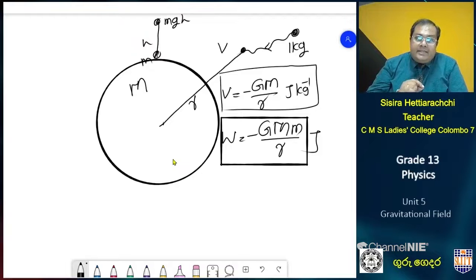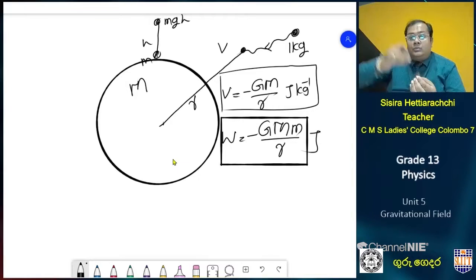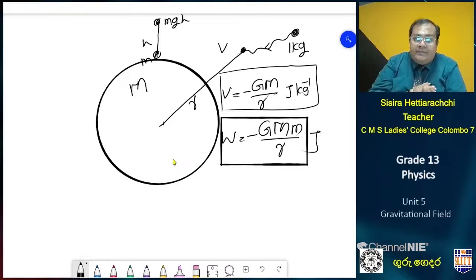GMm over R means the energy stored in mass m. That's always negative. It's like we are indebted to Earth by energy. It's true. If you want to make it positive, you have to go to infinity. Why? When you go to infinity, R goes to infinity, then it will be 0.